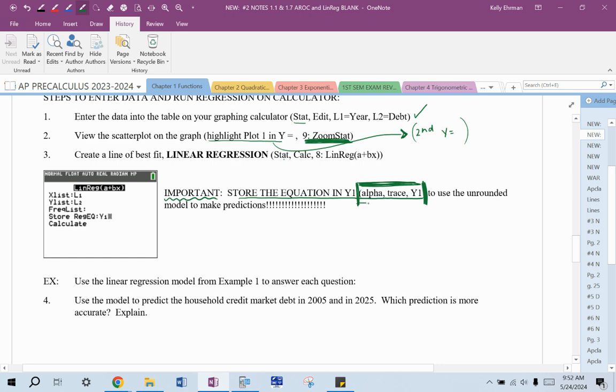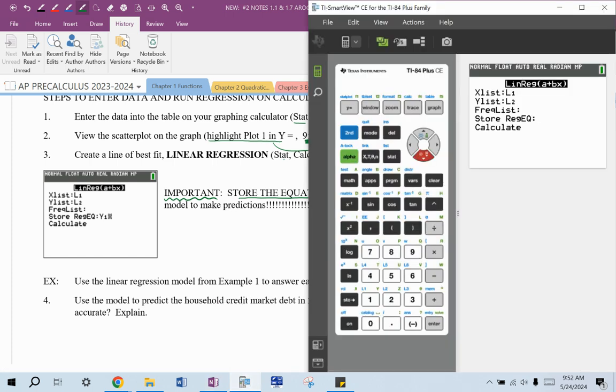So this is a really important shortcut that I need you to know, because we can absolutely not use rounded numbers to make predictions for values. So we want to have the full equation without rounding any numbers off in our calculator stored. So go down to store a regression equation, press alpha trace, and that's a shortcut to pull up whether you want your equation to go in Y1, Y2, Y3. I always choose Y1.